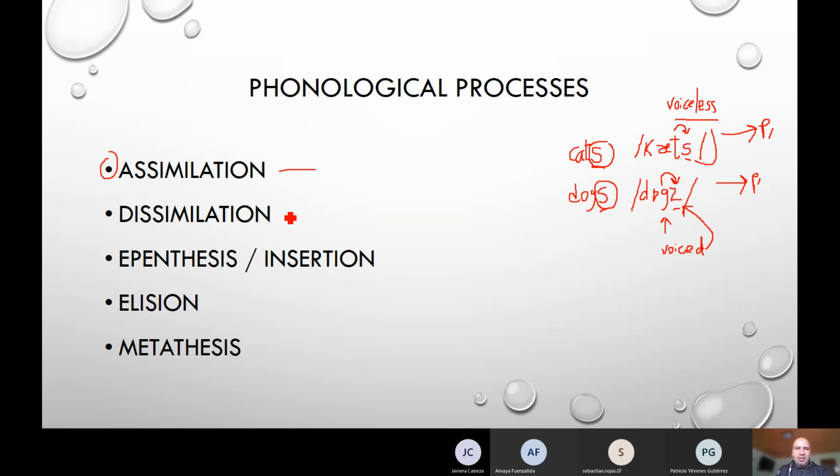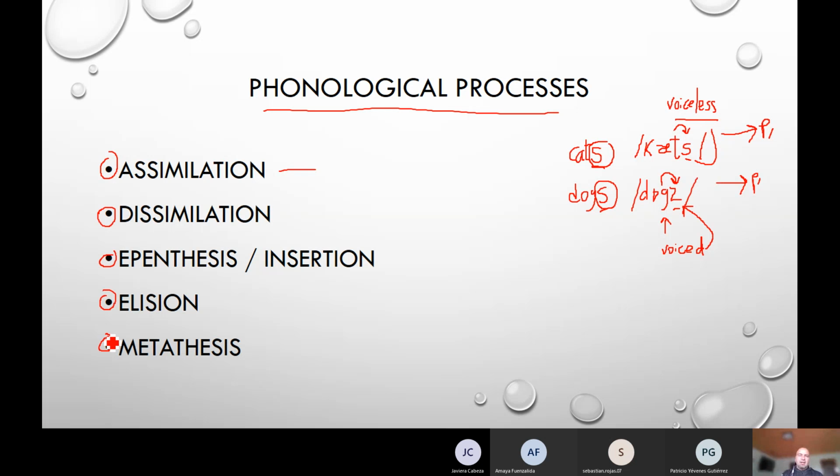Okay. So other examples of phonological processes are dissimilation, epenthesis, elision, metathesis, among others, right? These are sort of like the main phonological processes that we're going to be discussing. We started this general overview with assimilation.